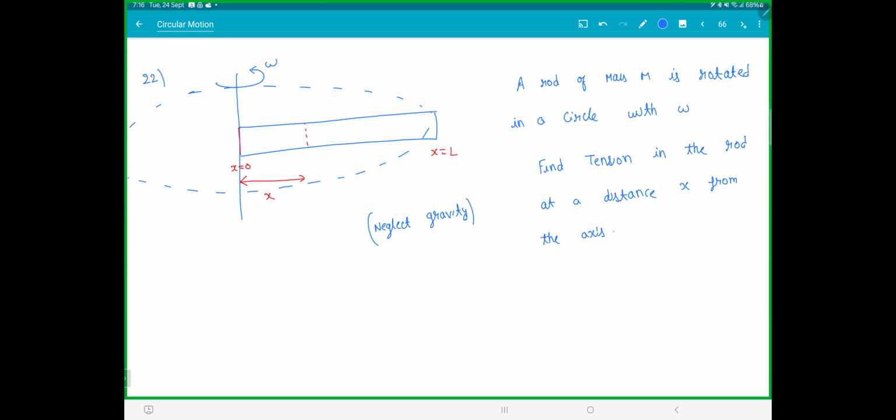Give it a try. How do we find the tension in the rod at a distance x?